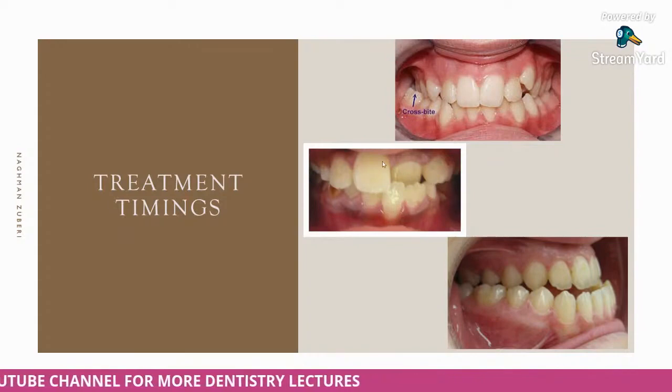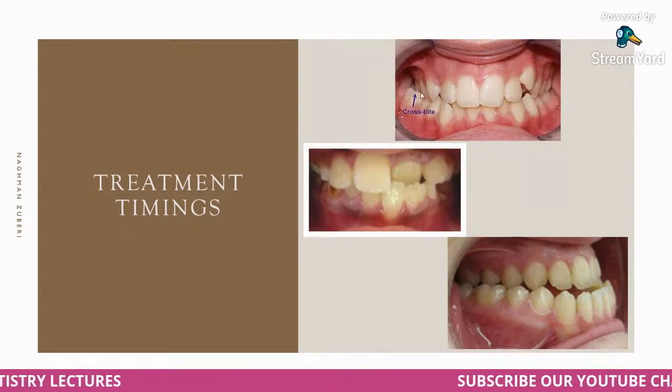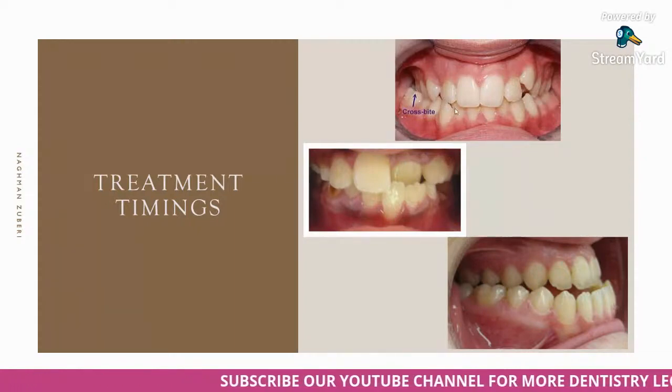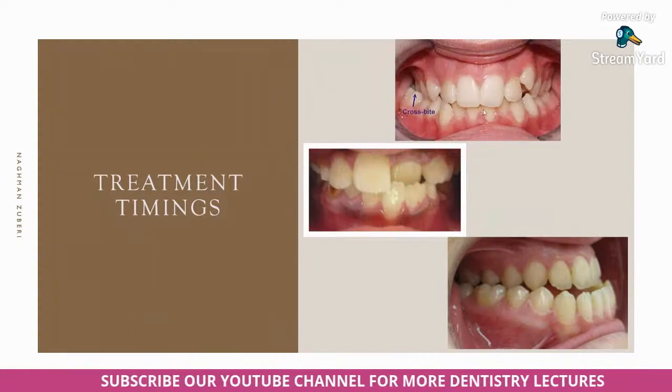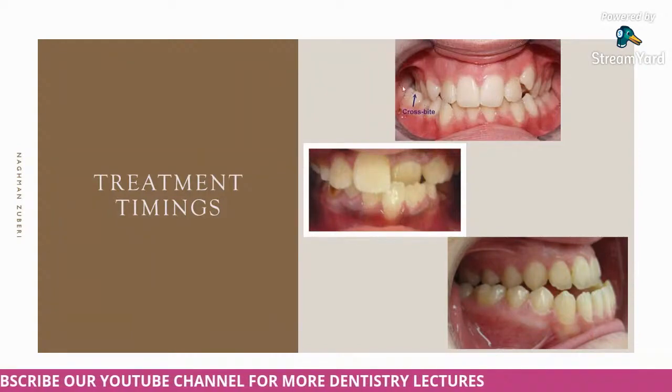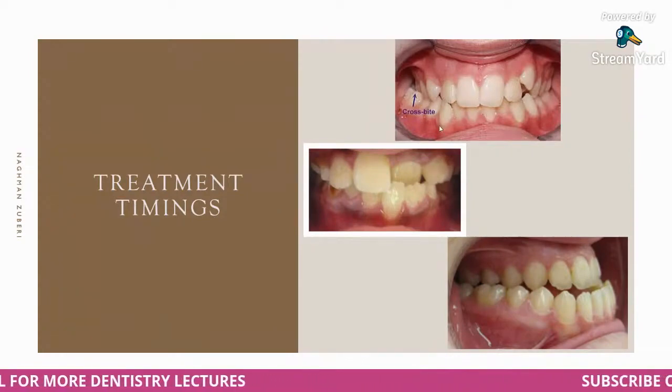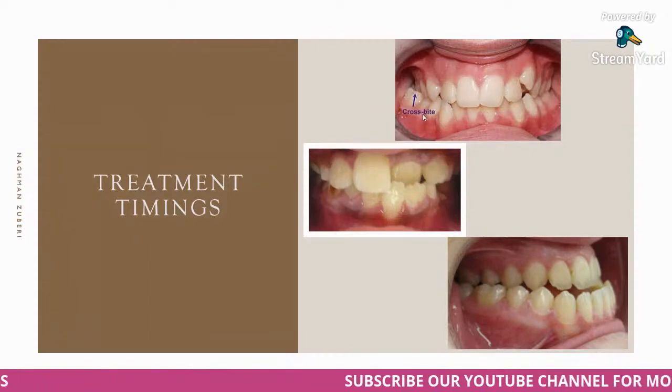If we know what the differences are in the different crossbites, how the skeletal crossbite differs from the functional crossbite, what would be the midline if there is a posterior crossbite in case of this functional crossbite? Definitely because of the shift of the mandible, the midline would be shifted.